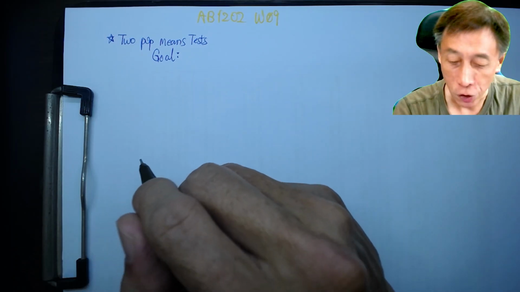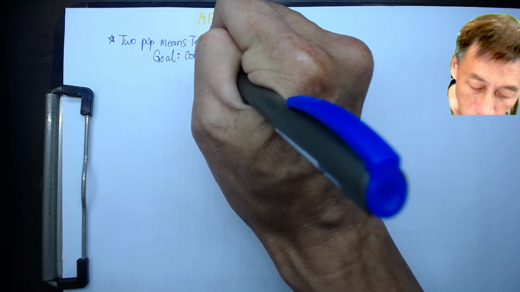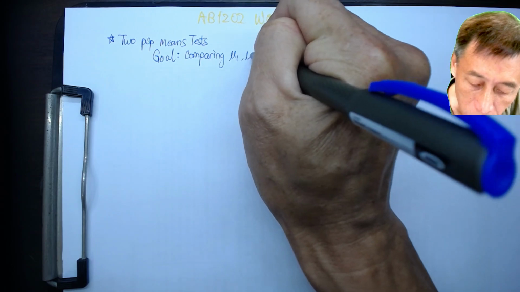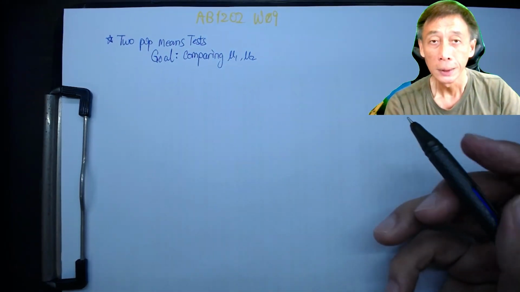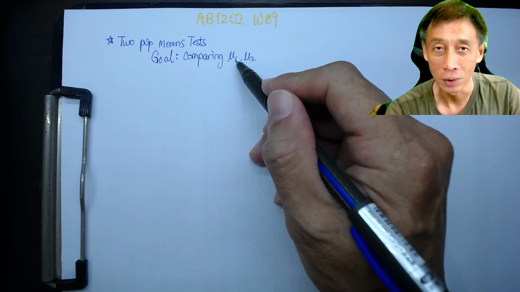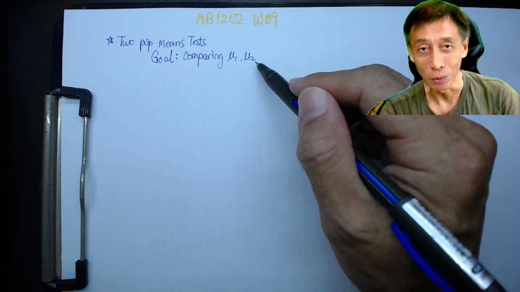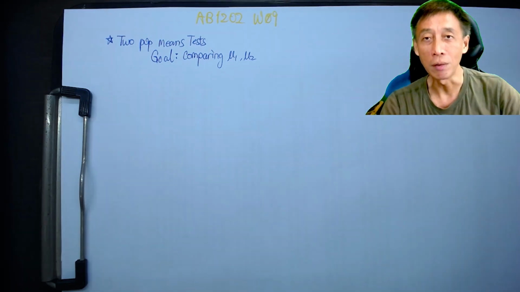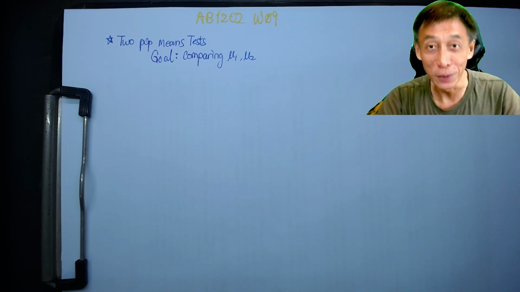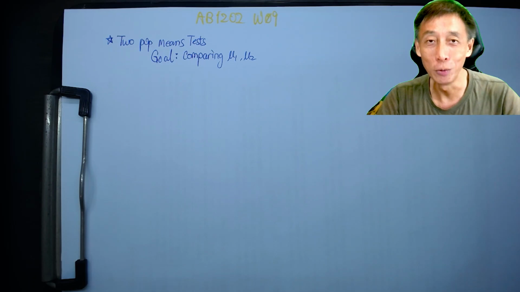In two population means test, what we are interested in is more to compare mu1 and mu2. For example, mu1 could be the population mean GPA of NUS students. Mu2, population mean GPA of NTU students. So the situation arises typically in disputes or arguments that NUS students do better than NTU students.